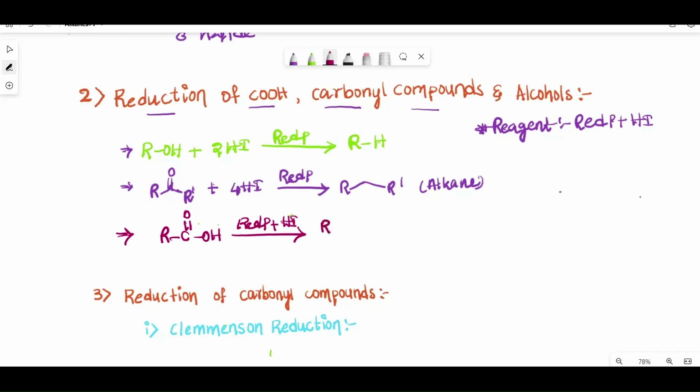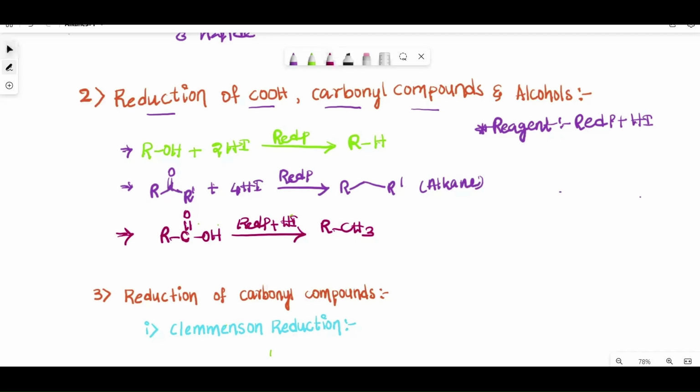You will get RCH3. Here we have one carbon, like alkyl group and one carbon. So you will get this alkane. But this method is not that good. These yields are not that good as compared to other methods. So we won't use this method more.